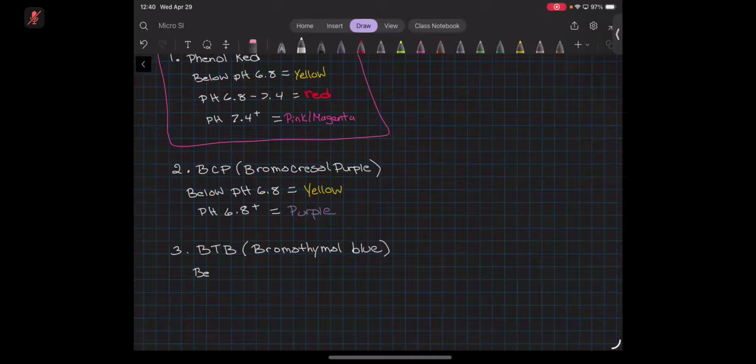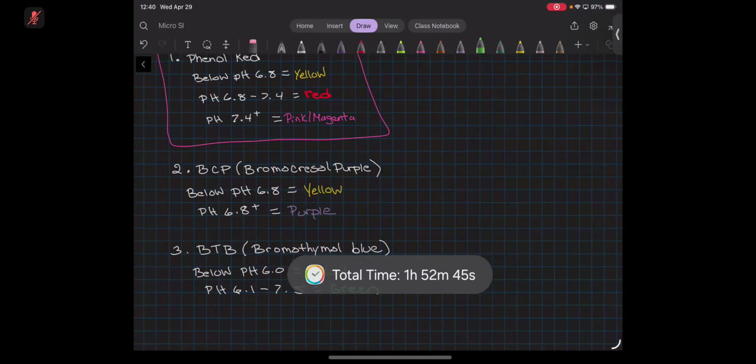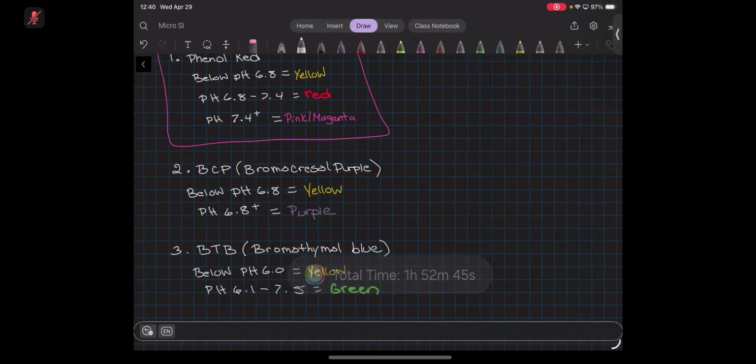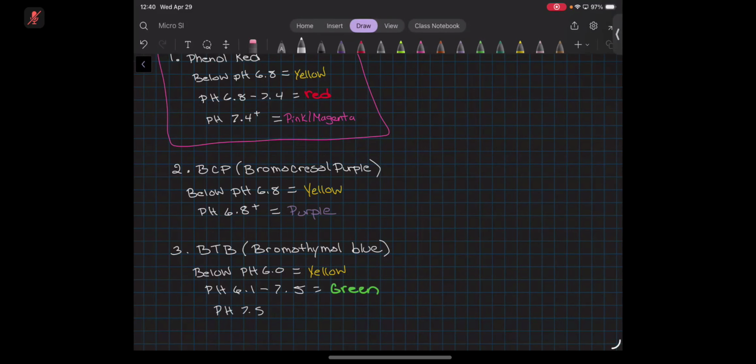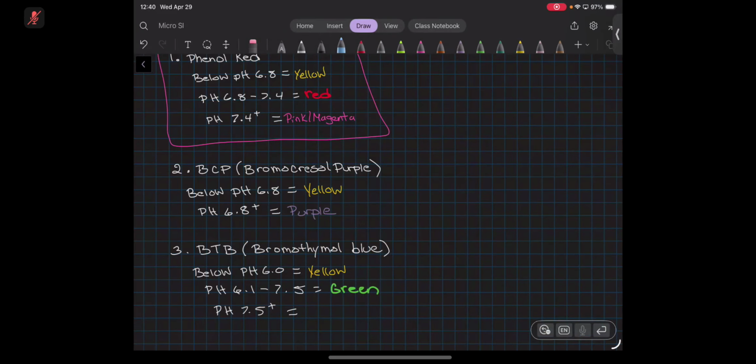Below pH 6.0 equals yellow. pH 6.1 to 7.5 equals green. And pH 7.5 plus equals blue.